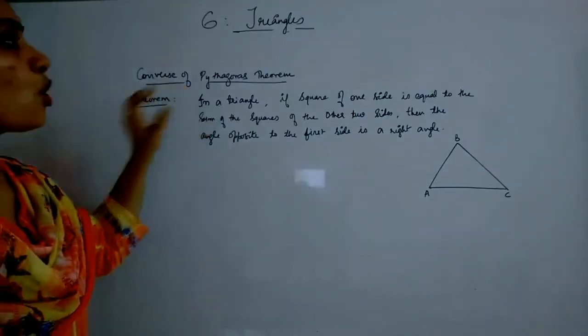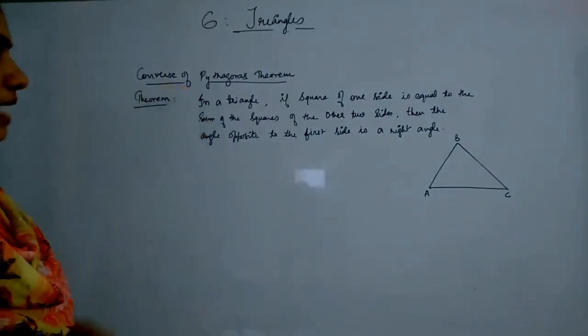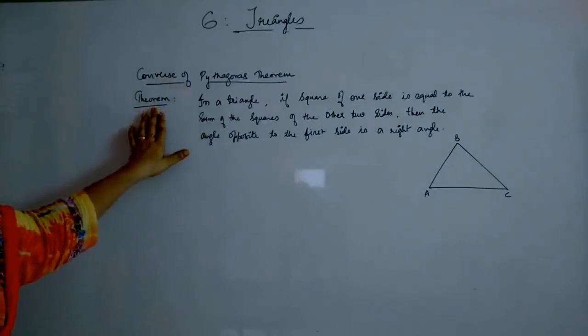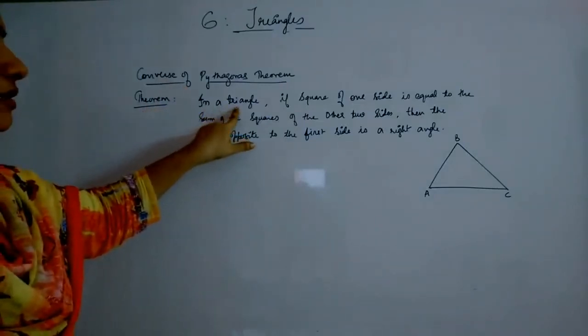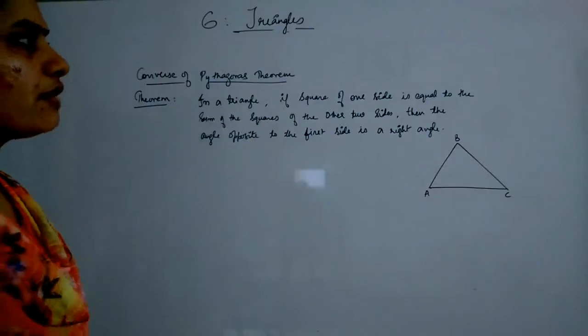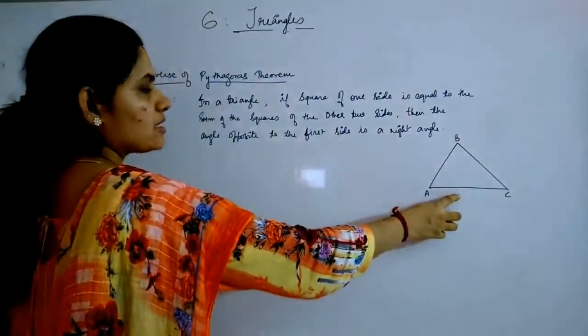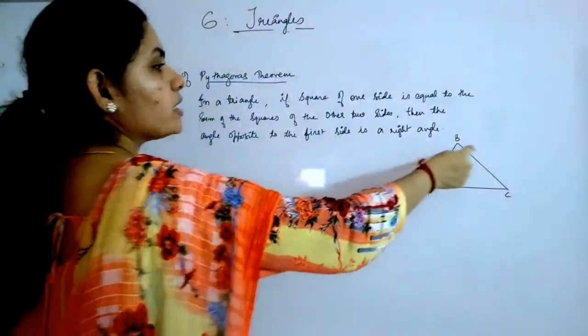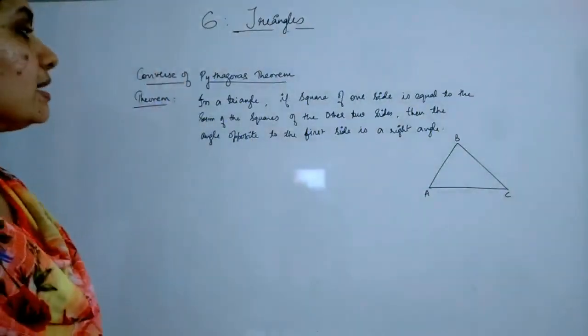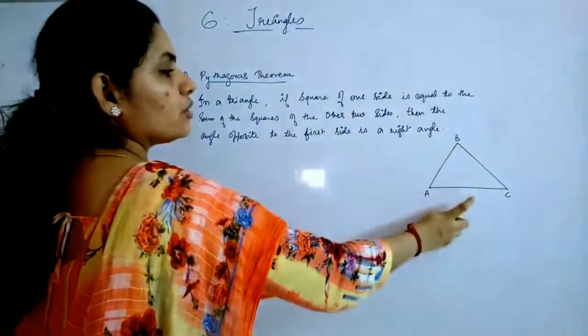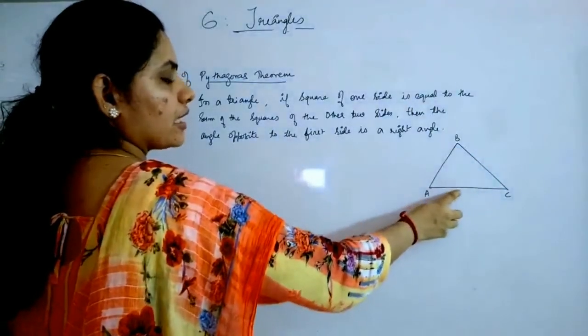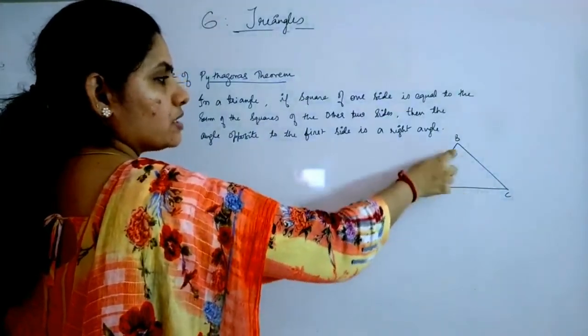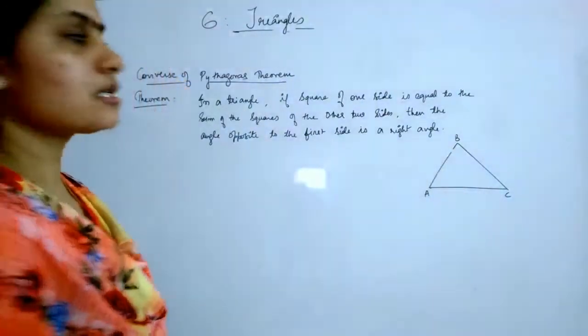Next thing is the converse of the Pythagoras theorem. The theorem for the converse says that in a triangle, if the square of one side is equal to the sum of the squares of the other two sides, then the angle opposite to the first side is a right angle.